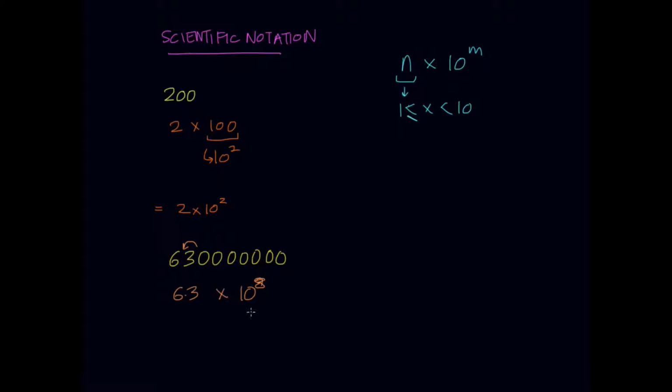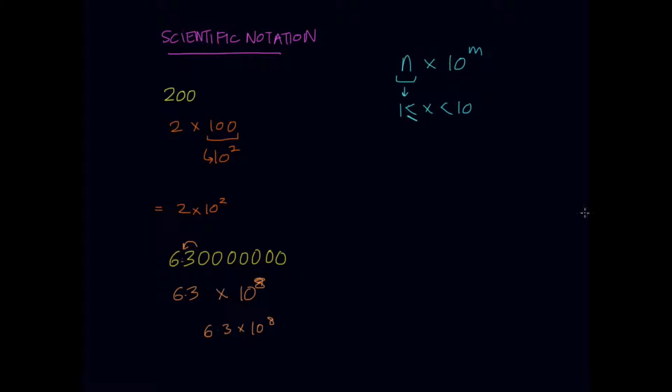That becomes 10 to the 8. So our answer would be 6.3 times 10 to the 8. You can check that: if I put a point here and I want it to go there, you can count 1, 2, 3, 4, 5, 6, 7, 8. So my answer is 6.3 times 10 to the 8.